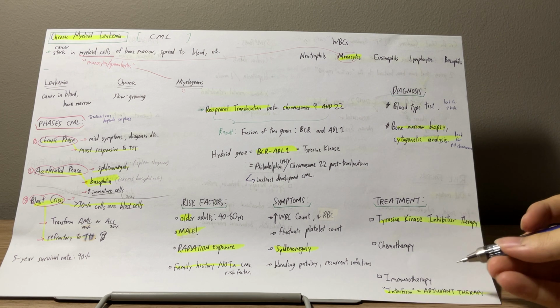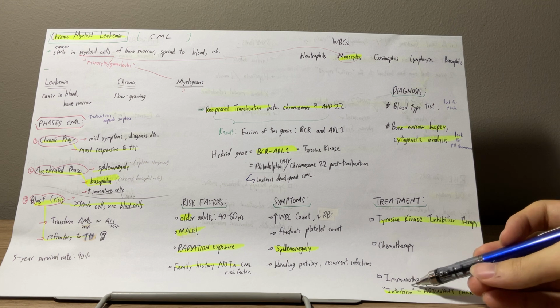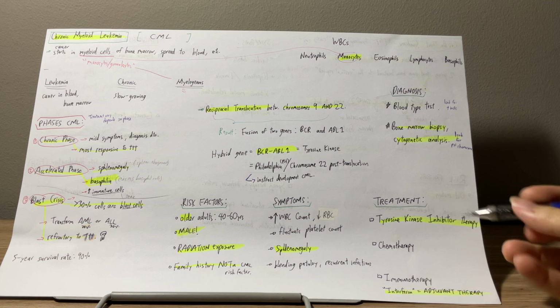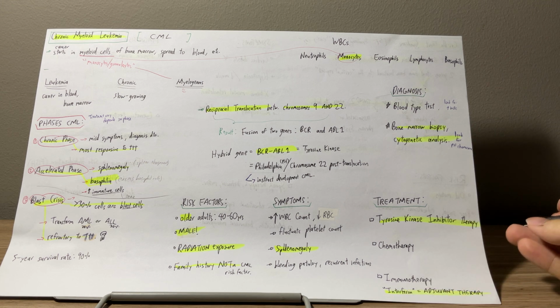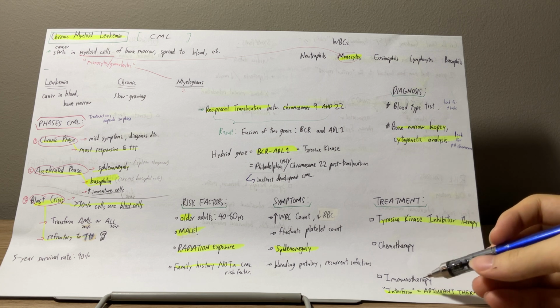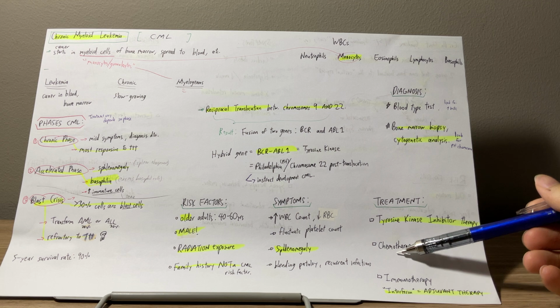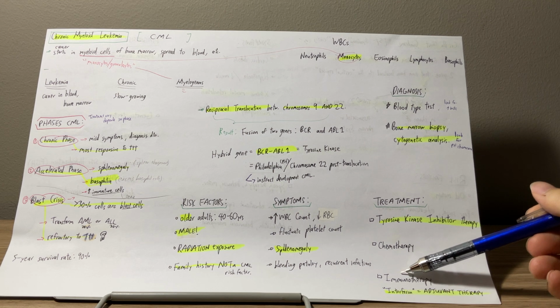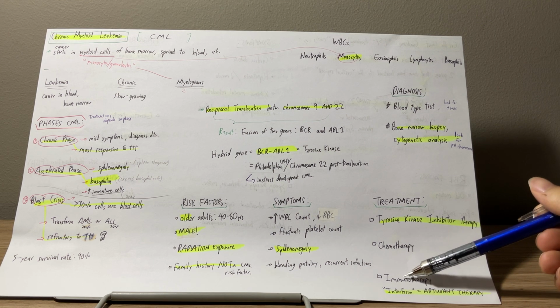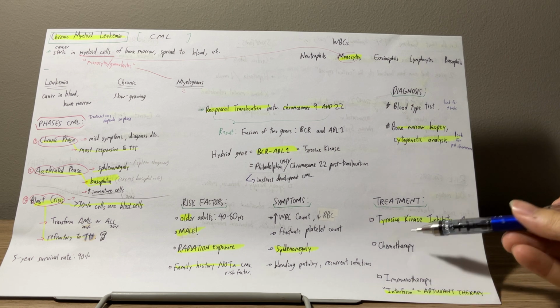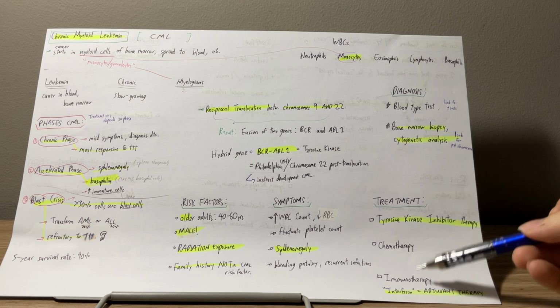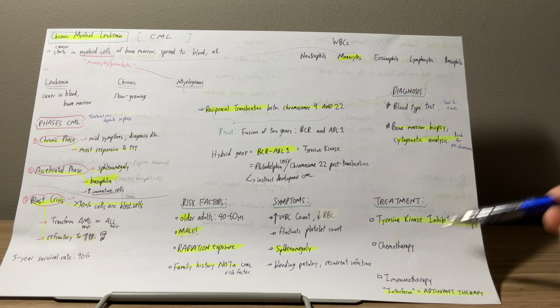Immunotherapy, for example, adjuvant therapy, interferon, to be more specific. From my schema, immunotherapy is usually more effective than chemotherapy. There is this thing in chemotherapy, one characteristic that immunotherapy does not have, although both are effective kinds of treatment.